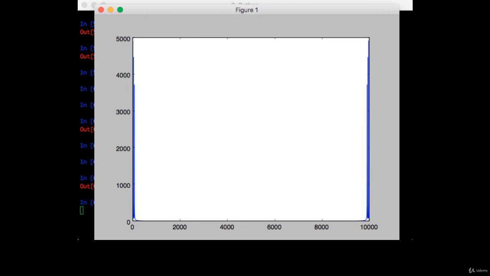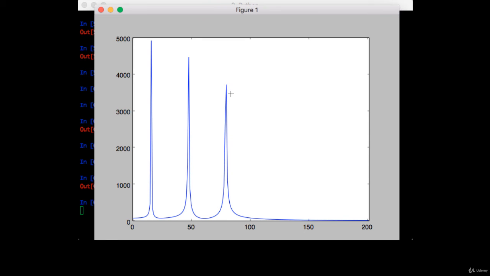Okay, so that's the Fourier transform. Now if we zoom in, we can see the spikes that represent the original frequency components. So let's try zooming in over here. Okay, we see 3 spikes.